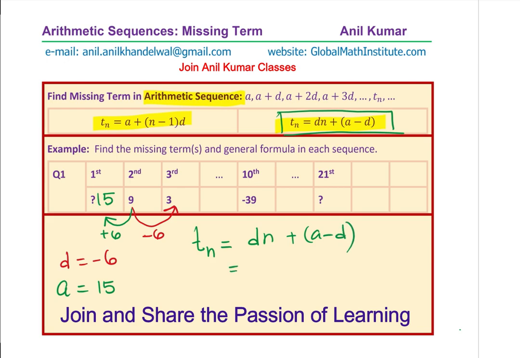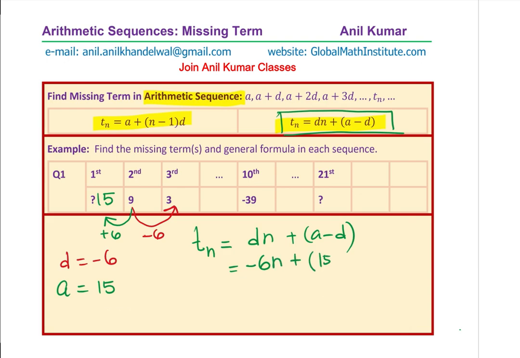So in this case, d is minus 6. So we get minus 6n plus a is 15, and 15 minus of d is minus 6. So that becomes plus 6. You get this, right? So we get minus 6n plus 21. So that becomes the general formula.